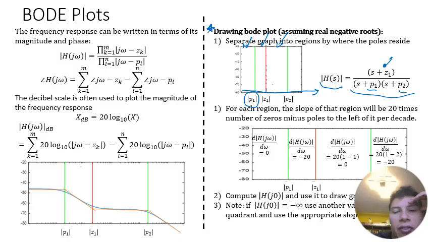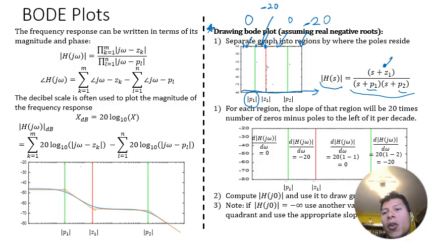So if I look to the left of here, there's no zeros or poles that are less than my given value, so my slope will be 0. In this region, I have a pole to the left, so my slope will be negative 20 per factor of 10. If I look here, I have a zero and a pole, so my slope will be 0. And then if I look here, I have 2 poles to the left, and I have 1 zero, so my slope will be negative 20, because you have a negative 20 per pole and a positive 20 per zero.